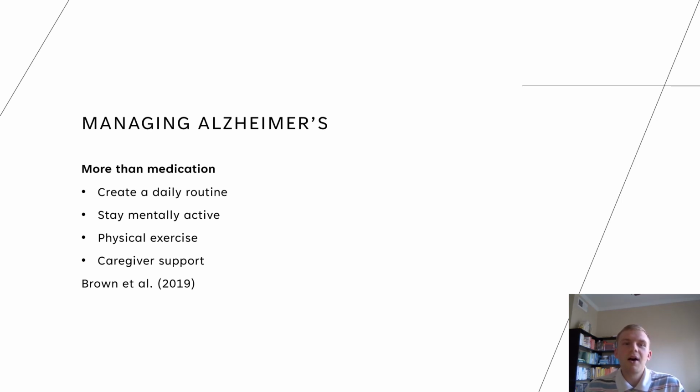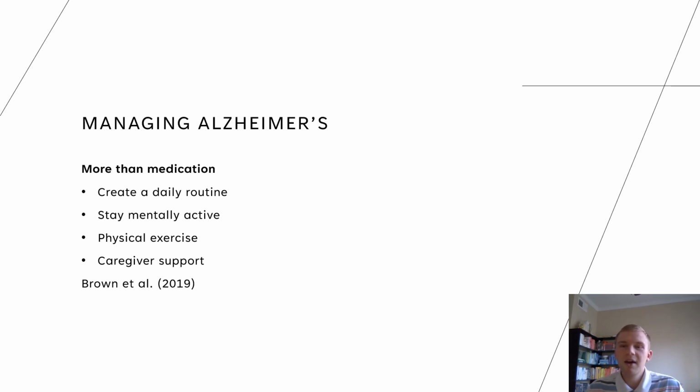So while medication can be a very useful part of the treatment of Alzheimer's disease, there are plenty of other things that we can do to manage the symptoms and to slow down the progression of Alzheimer's. Among those things is creating a daily routine. Routines are extremely helpful for individuals who have Alzheimer's.